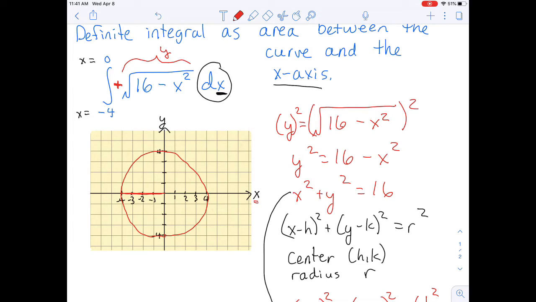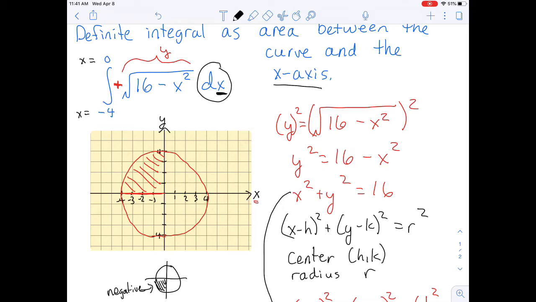If I had the positive in front, then I'm looking for this region. If I had had a negative in front, then I would have been looking for negative below the x-axis. We'll interpret as negative area.